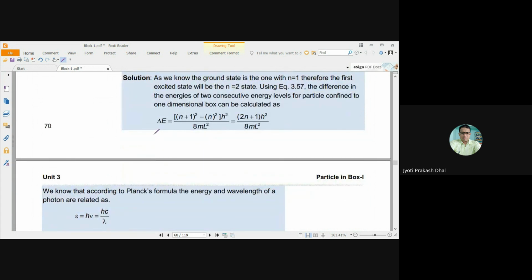So here the first excited state means n equals 2 and the ground state means n equals 1, and the energy difference delta E equals (n plus 1) whole square minus n square, whole into h square divided by 8 m L square, which equals (2n plus 1) whole into h square by 8 m L square.